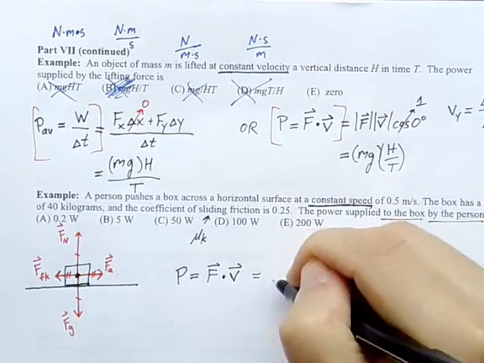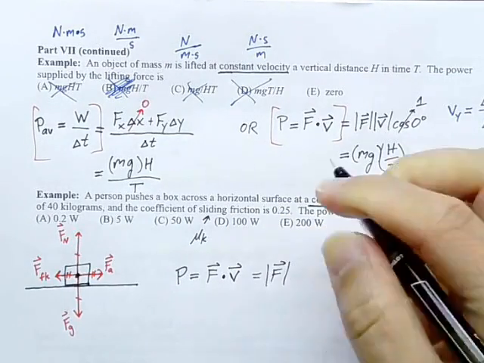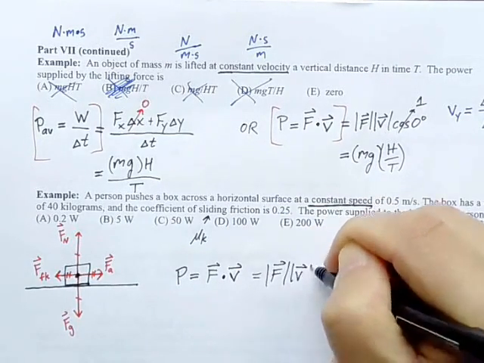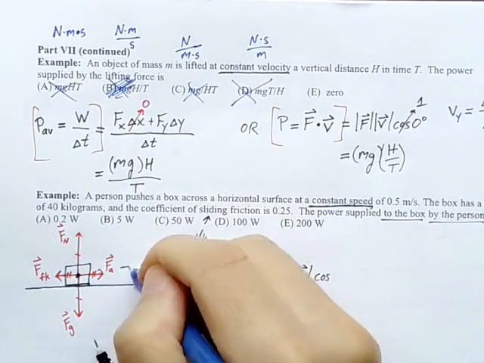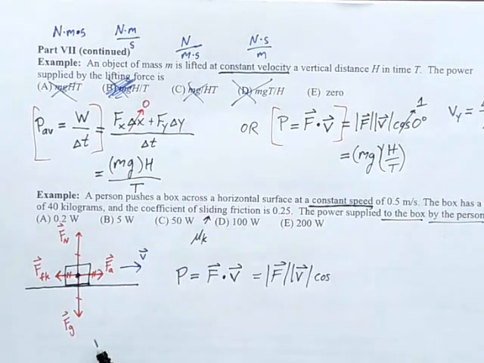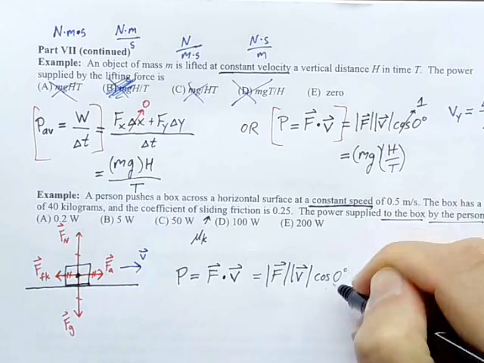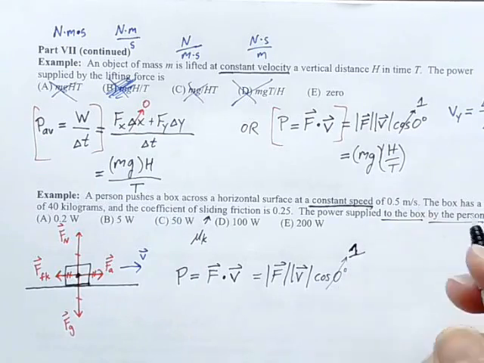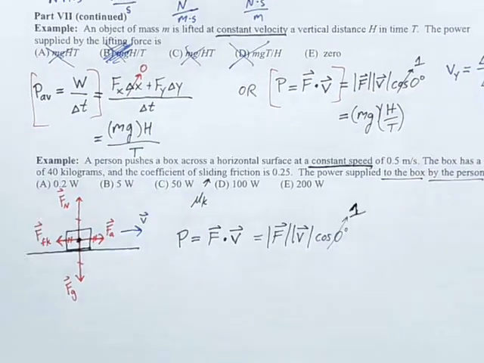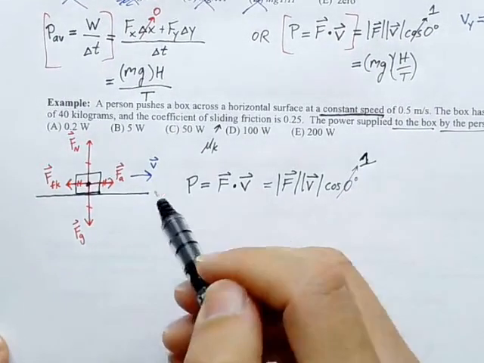So that'll be magnitude of the applied force times the speed times the cosine of the angle between them. Well, if we're just moving horizontally in the direction of the push, then the angle between them is 0. Cosine 0 is 1.